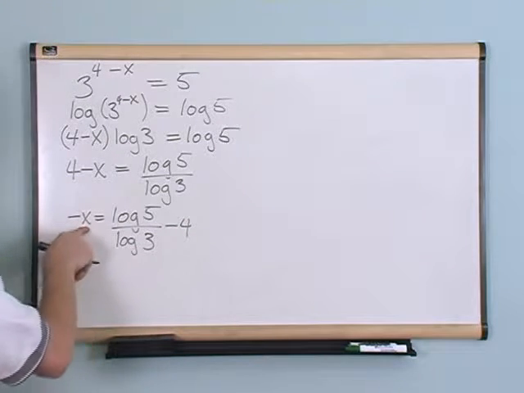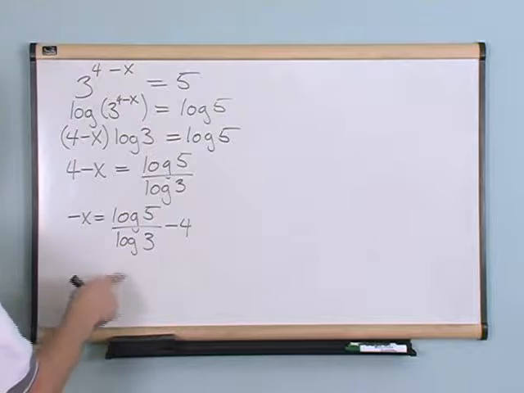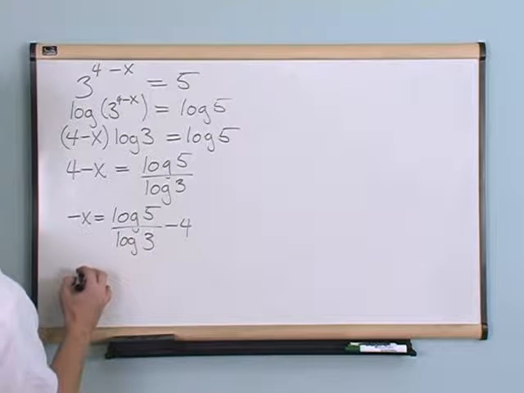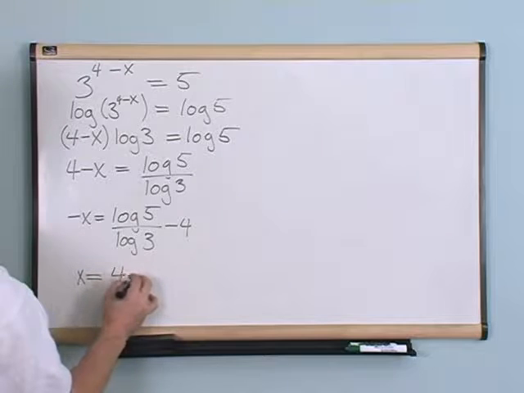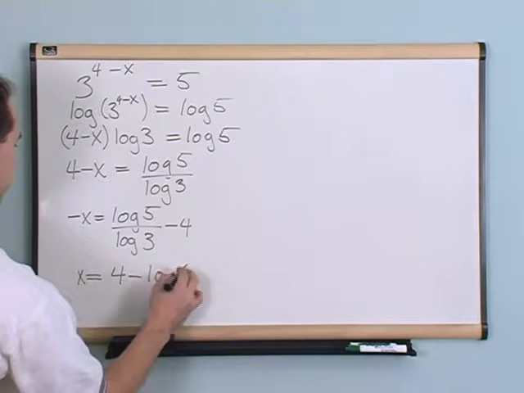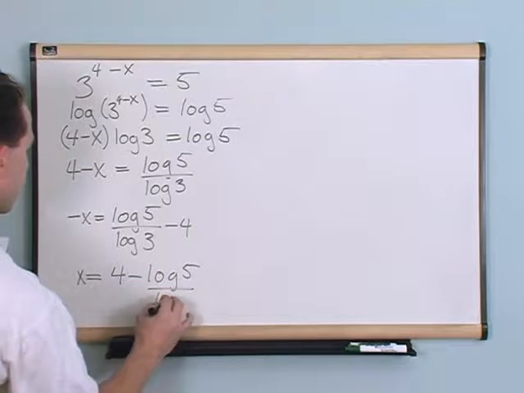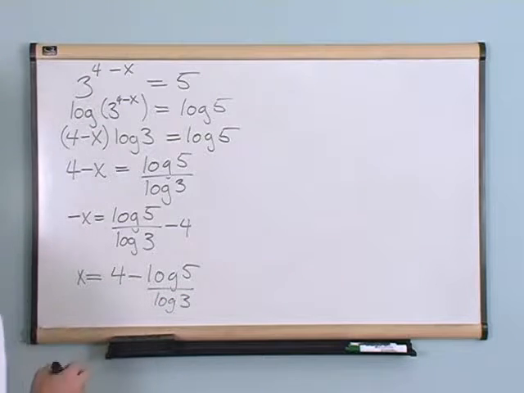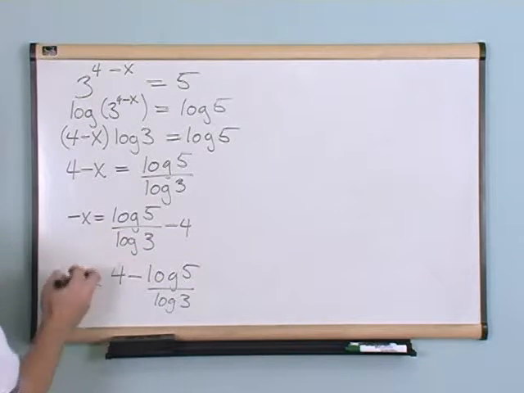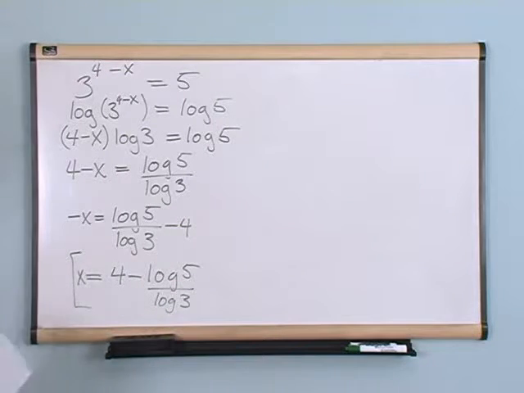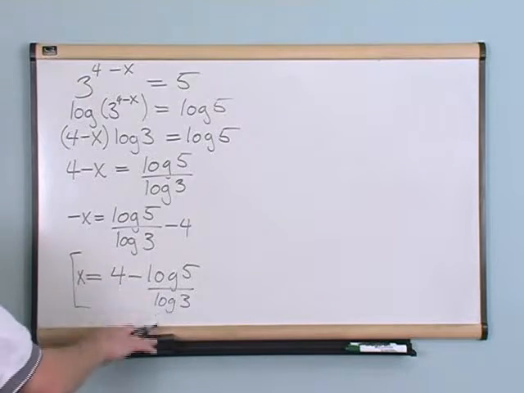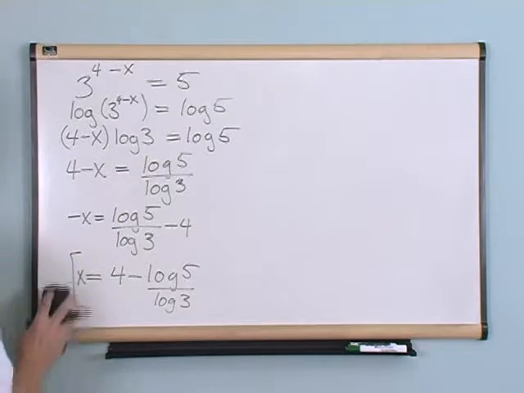And to finally solve for x, I can just divide both sides by negative 1, which is going to change the signs over here. So x will then equal 4 minus log 5 over log 3. I just changed the signs because I divided by negative 1. This would be the answer. Again, you could go in your calculator and plug in log 5, log 3, and get a decimal, but this is the exact solution of this equation.